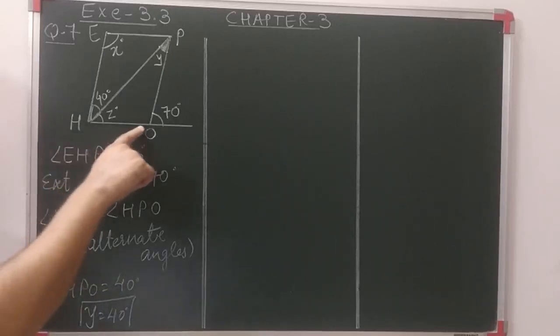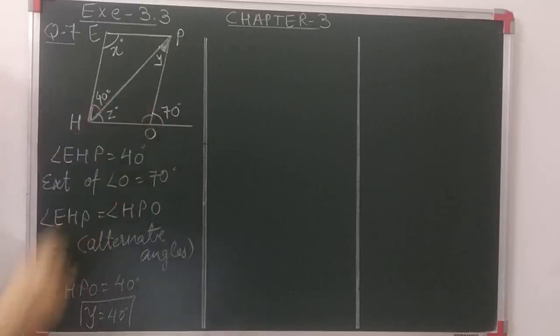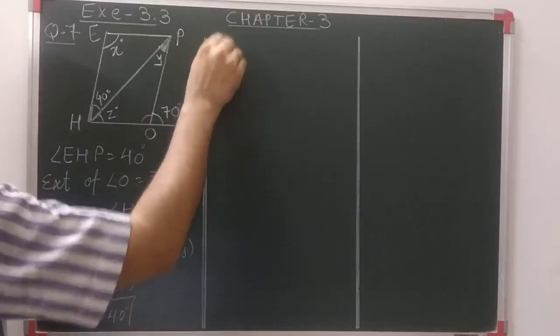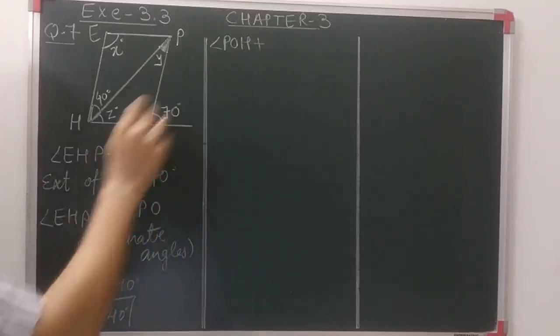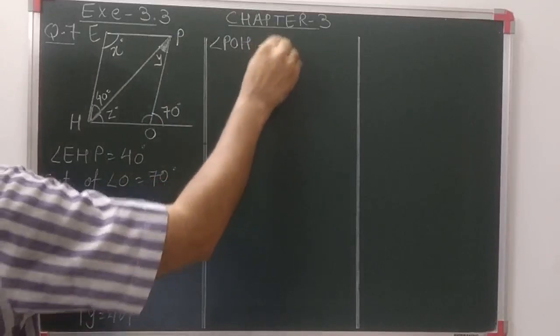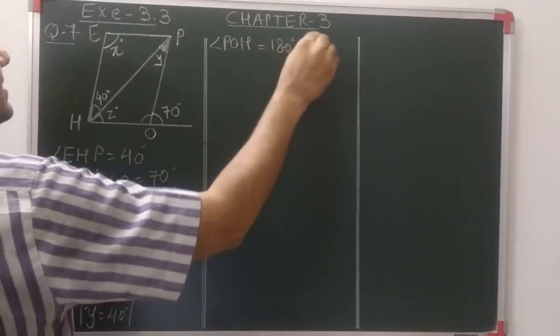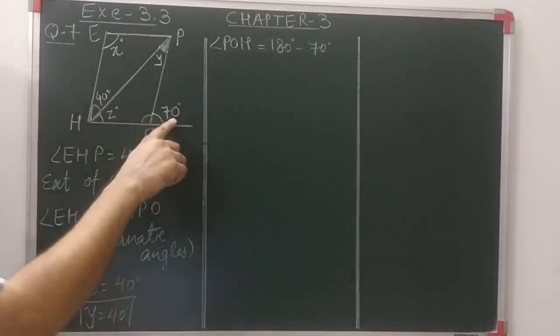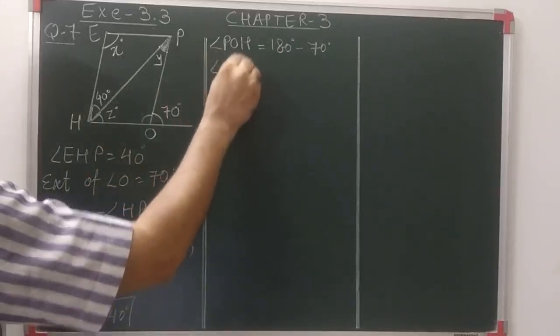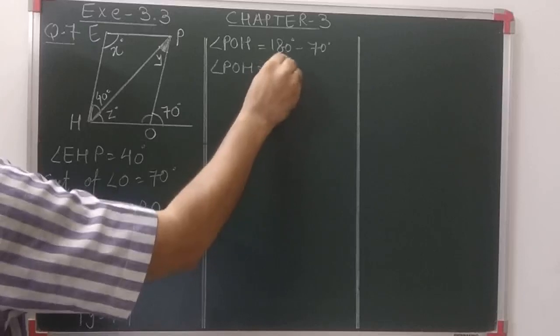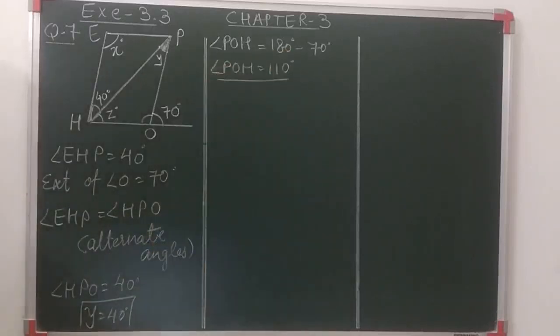Now we can see that these are supplementary angles because they form a linear pair. So angle POH plus the exterior angle of O, which is 70, is 180. Both are forming a linear pair. So we can say POH is equal to 110. Now let us recall one property.